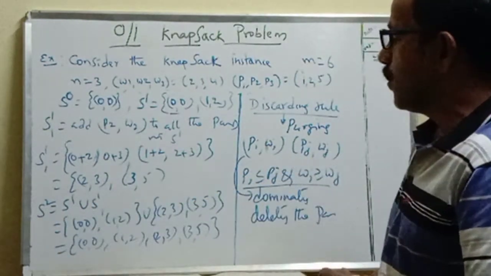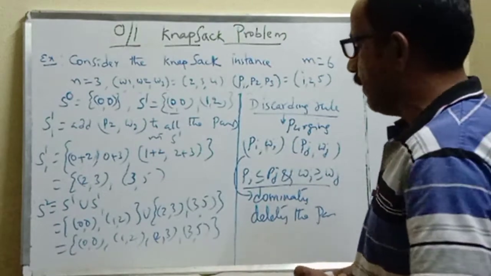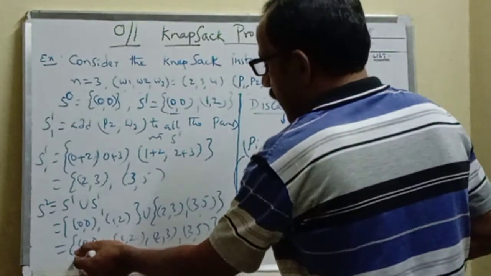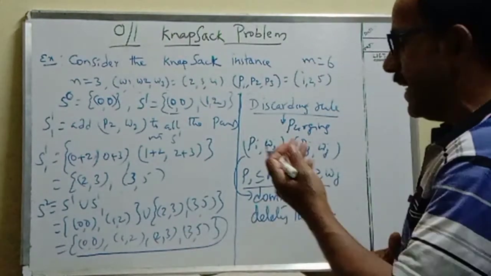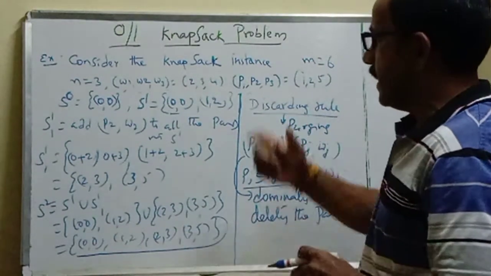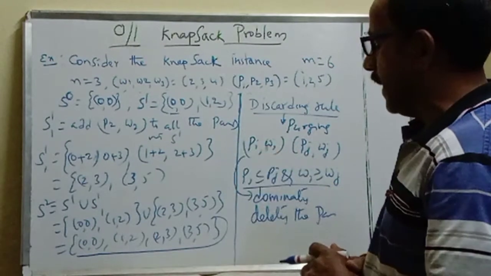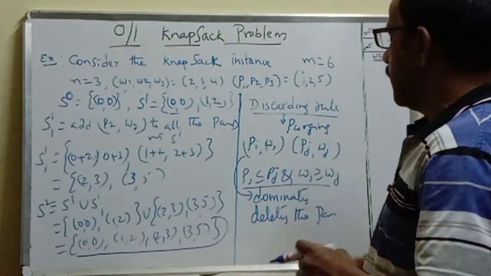Now I am going to show S3. We can get S3 by adding P3 W3 to all the pairs in this set. After getting S3, again apply the same concept: the direct approach for deleting items, and the discarding rule.